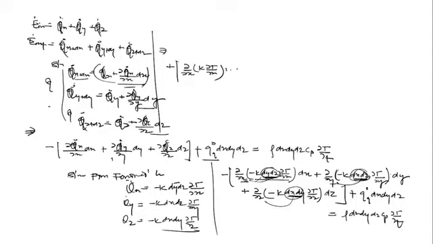This is the first term. Del upon del y into k into del T upon del y, plus del upon del z into k into del T upon del z, plus qg dot into dx dy dz.